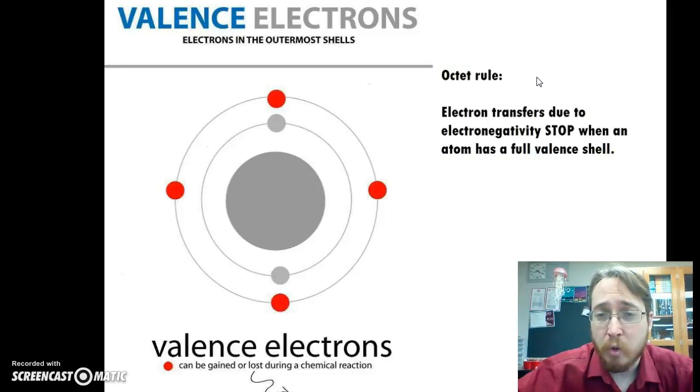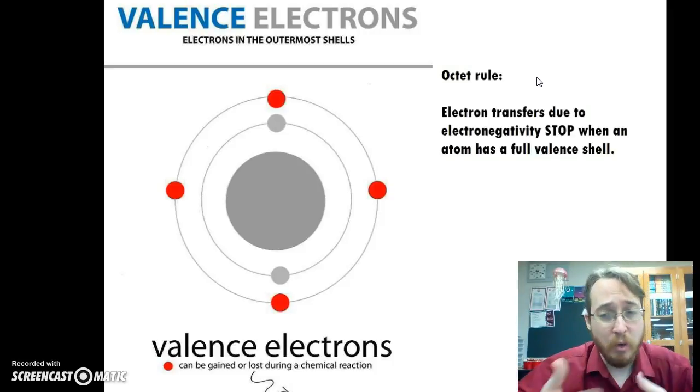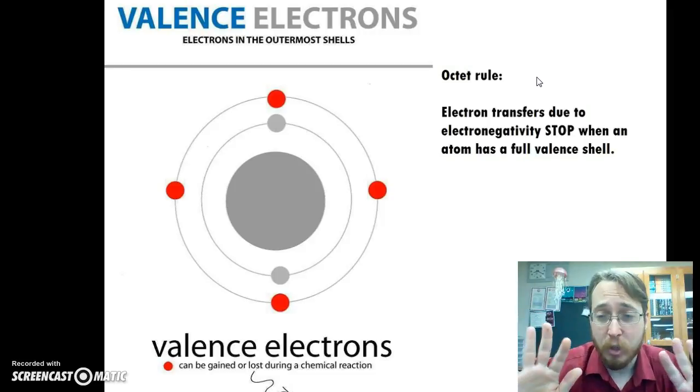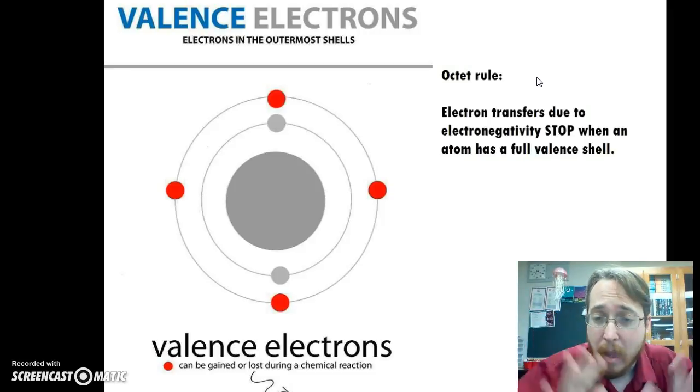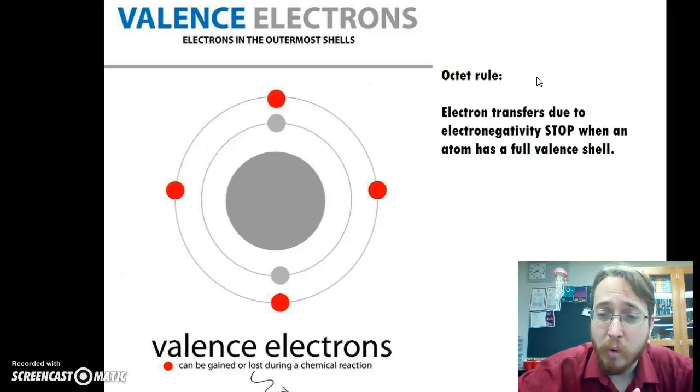Electron transfer due to electronegativity stops when an atom has a full valence shell. So atoms will continue to steal electrons from each other until they get a full shell of valence electrons, and then they will stop because the atom can no longer pull more to it after it adds another electron shell. So that's it for electronegativity.